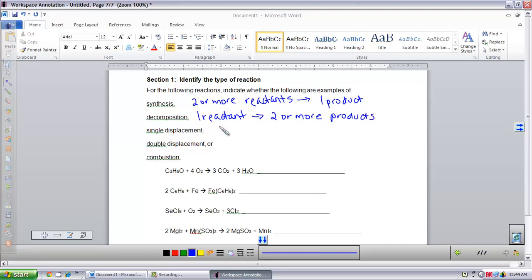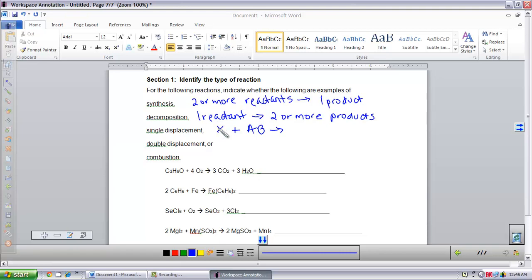In a single displacement, you have a reactant that is single. It's not bonded with anything unless it's one of the Brinkelhoff elements like oxygen or nitrogen, and then it's bonded with itself. But we're going to keep that as a single. And then you have a couple, which means you have a metal and a non-metal, or a metal and a polyatomic.